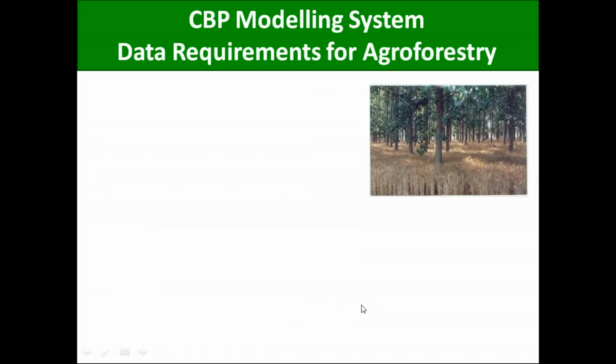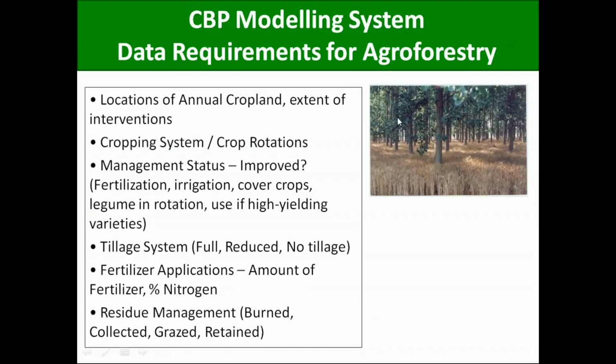For agroforestry systems, so by this we mean where you have a mixture of a tree crop with an annual crop growing underneath, you have to describe both parts. So you have to describe the location of the annual cropland that's underneath and the extent of your interventions, what your cropping system is, your crop rotations, how that's being managed in the same way as annual cropland.